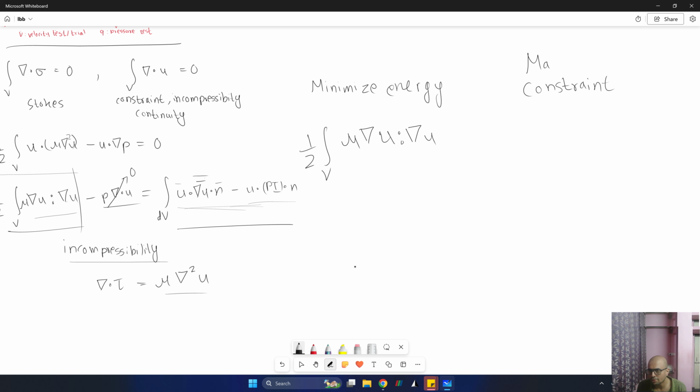So maximize the constraint. So this leads to a min-max kind of problem, of course. And our constraint is del dot u is equal to 0.